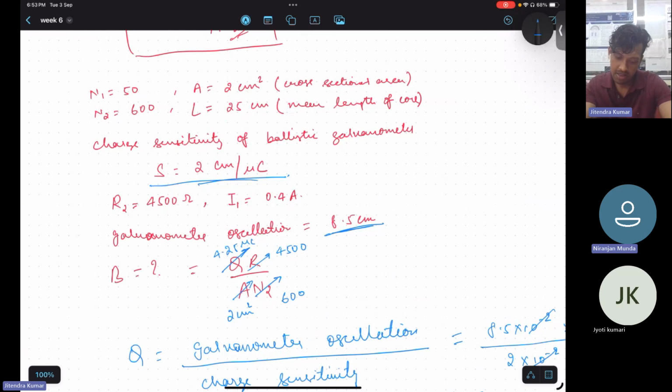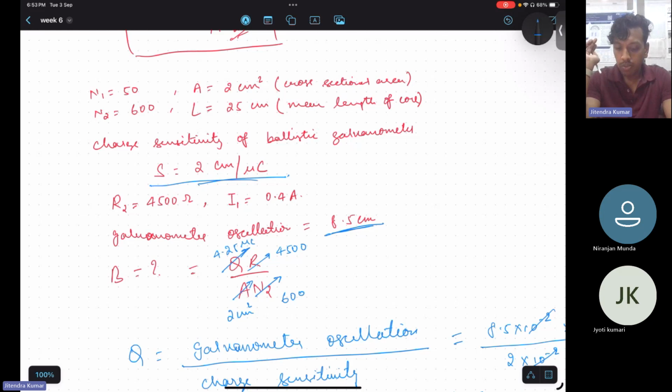Sir, it is because of the core loss. So actually here N1 and N2 are given and no information about losses is provided. So you could straight away assume that it is an ideal transformer. N1 by N2 is equal to I2 by I1.